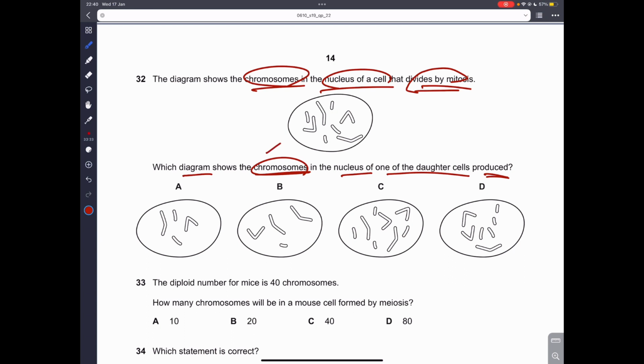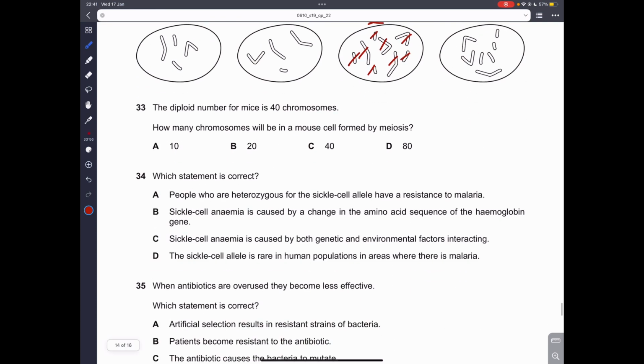Now, the chromosome number is going to be the same, because mitosis is basically replicating the exact copy. So it's going to have the same number of chromosomes. 1, 2, 3, 4, 5, 6, 7, 8. So we are going to find a nucleus that contains 8 chromosomes. 1, 2, 3, 4, 5, 6, 7, 8. So C is the correct answer.